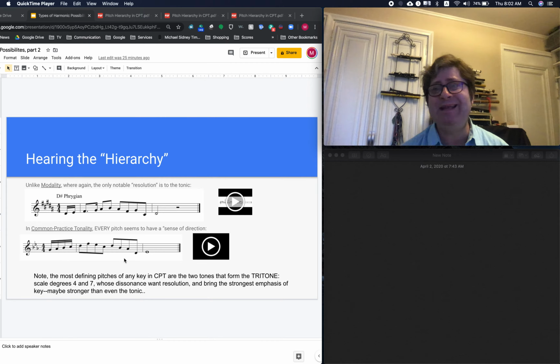In fact, even if I didn't get to the tonic and I stopped at one note before, you would want to go, right? So you can also play through this on your own. Note that the most defining pitches of any key in common practice tonality are the two tones that form the tritone, scale degrees 4 and 7, right? So we have 4 and 7 here, whose dissonance wants resolution, and this brings the strongest emphasis of key, maybe stronger than even the tonic.